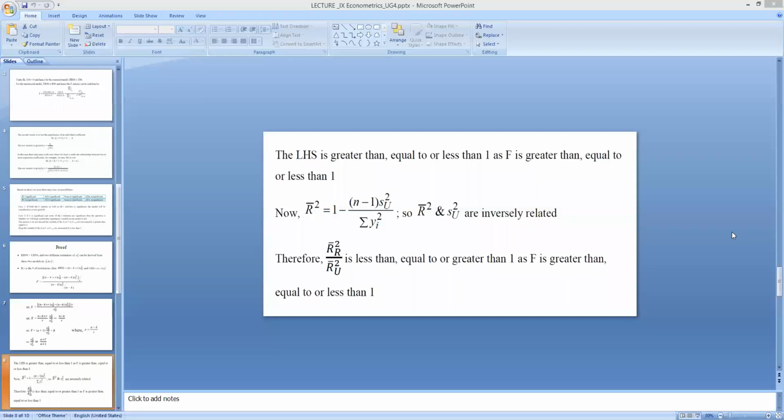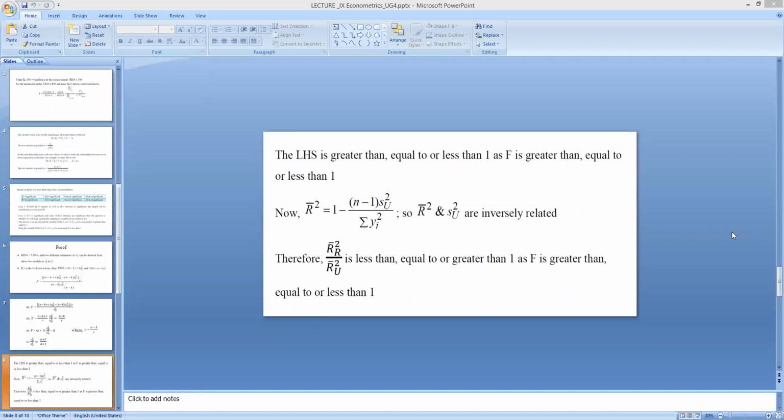This is equal to 1 minus RSS by TSS. Is it clear to everybody? ESS is equal to TSS minus RSS, so the numerator is TSS minus RSS, the denominator is TSS. So that is equal to 1 minus RSS by TSS.